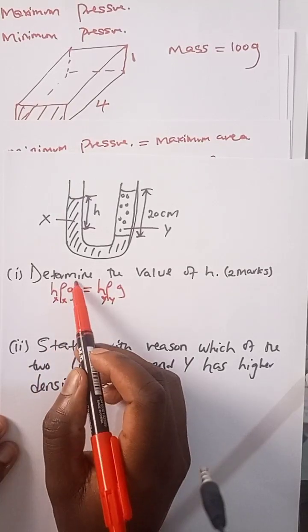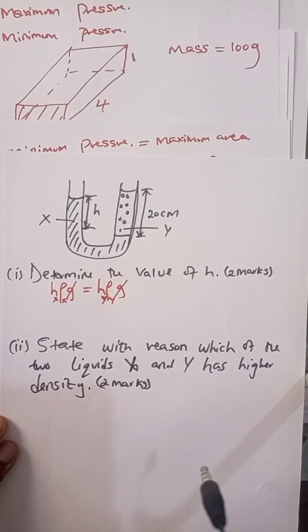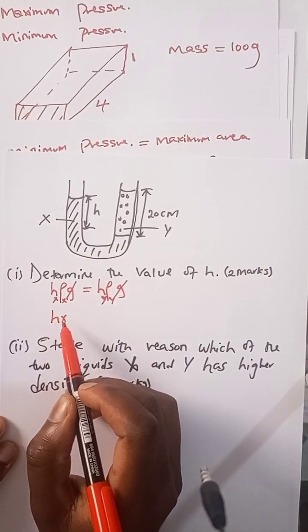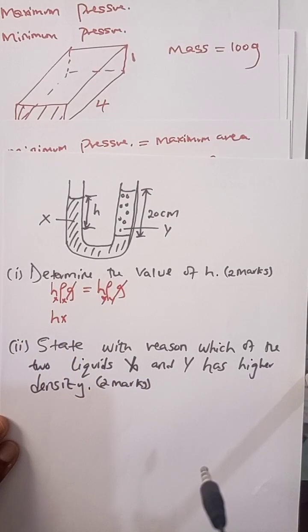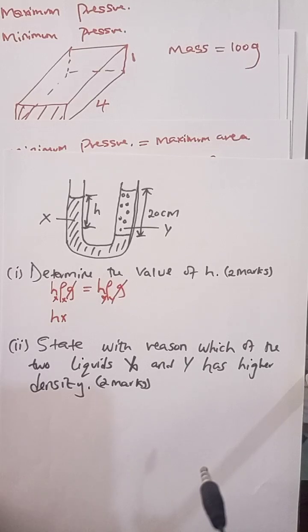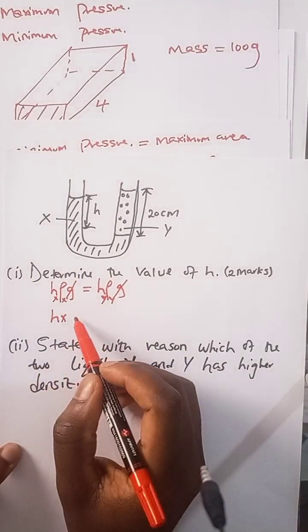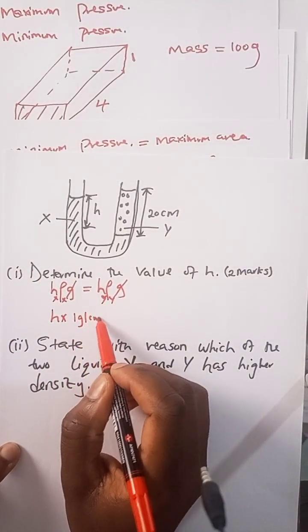Therefore, I can do away with the g, the gravitational field strength, since it is the same. So comparing the height, I'll say h times the density of X, and the density of X should be given, or we have one of the liquids being water, and therefore the density of liquid X is known because it is water, and we talk of density being 1 gram per centimeter cubed.